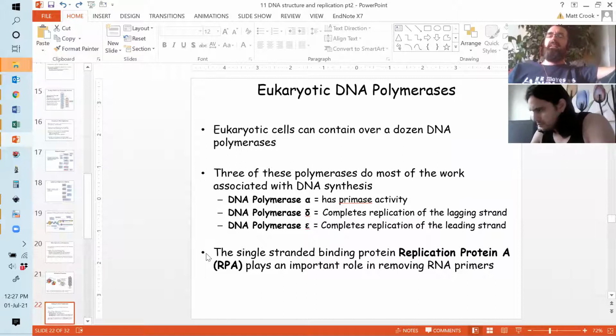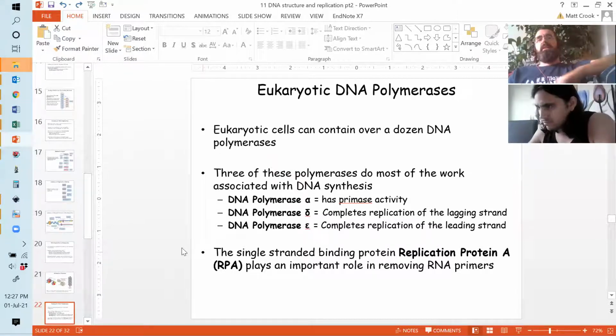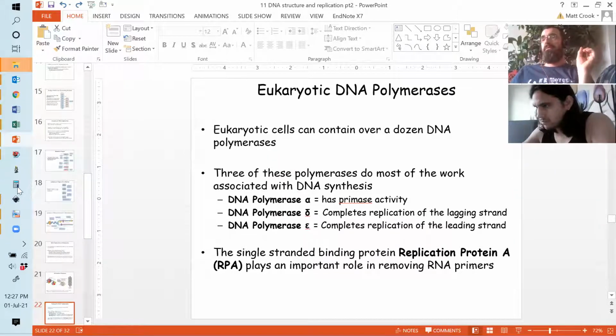Second is that obviously things are more complex with eukaryotes, as always. There's a lot more DNA polymerases. And one of the other key points is that in bacteria, you have primase, which is an RNA polymerase, and then DNA pol 3 is the one that does most of the DNA replication.